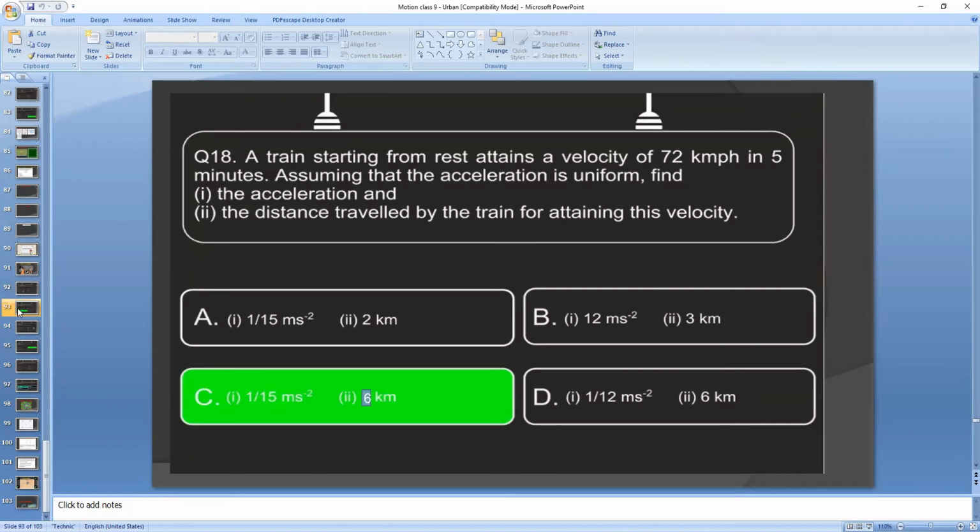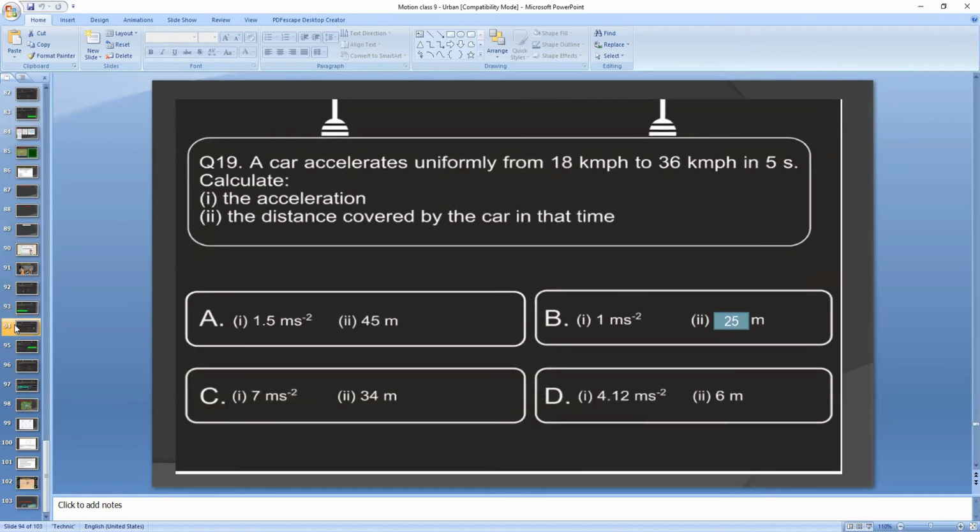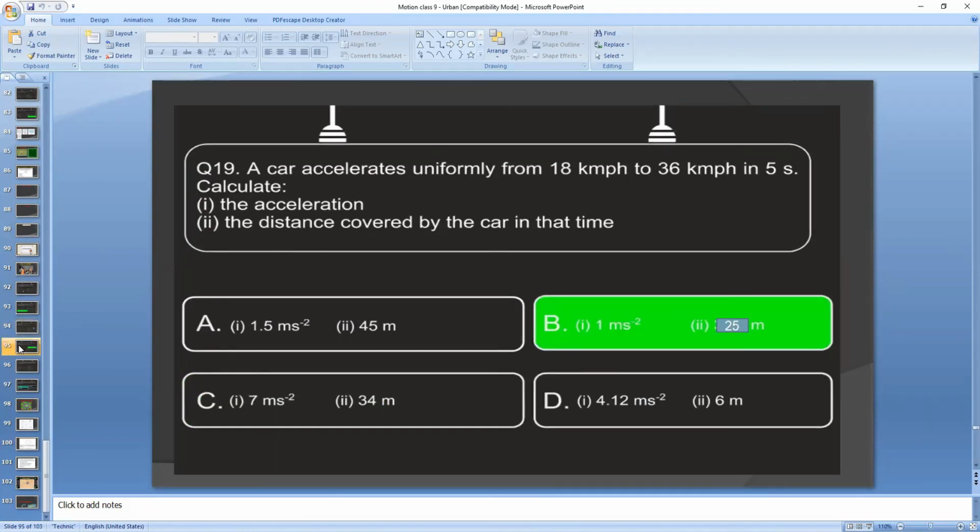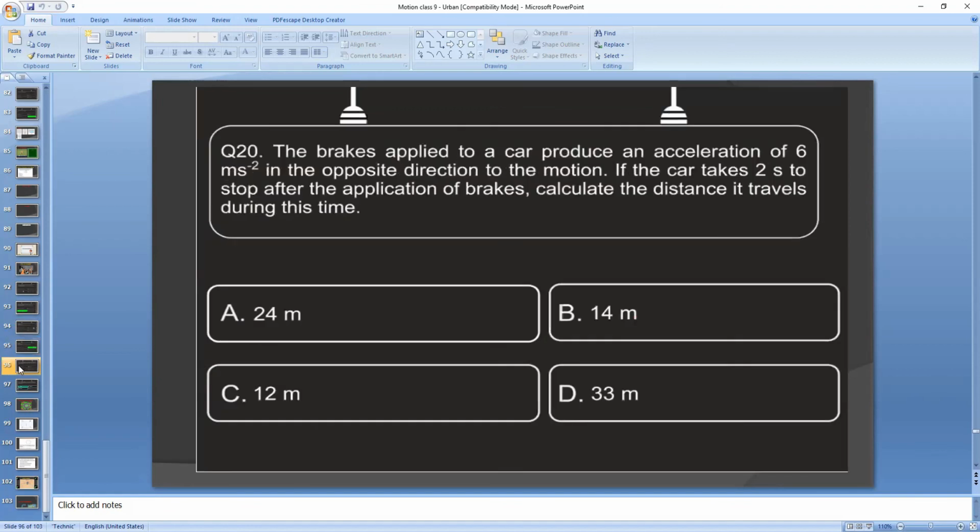Answer is option C. A car accelerates uniformly from 18 km per hour to 36 km per hour in 5 seconds. Calculate the acceleration and the distance covered by the car in that time. The answer is option B. The brakes applied to a car produce an acceleration of 6 meters per second squared in the direction opposite to the motion.